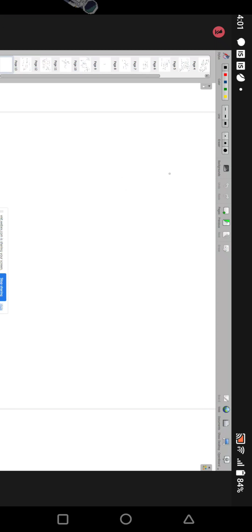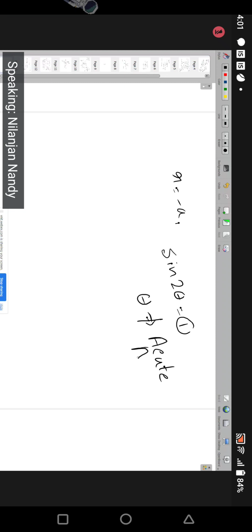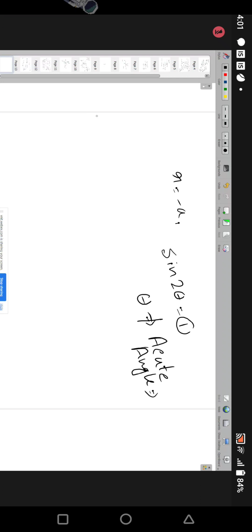Since you are selecting r as a negative value, and the value of sine 2 theta equals 1, this theta cannot be an acute angle. So what are the other possible values of theta? The range of theta is within 0 to pi.